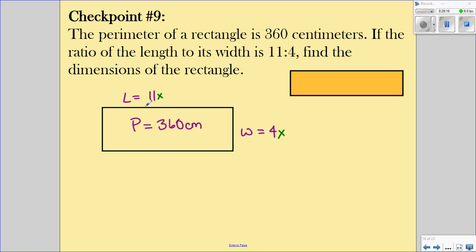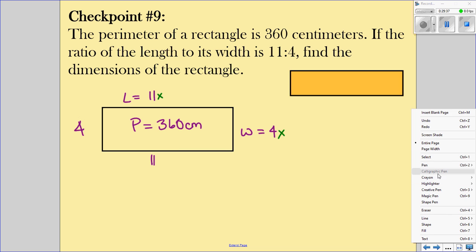First step. But you have to realize, this is what I usually see: 11x plus 4x equals 360. Now, when you do that, you're telling me that a rectangle has 2 sides. And it doesn't. There's 4 of them. So that means this one is also 11, this one's 4, and I'll put the x.